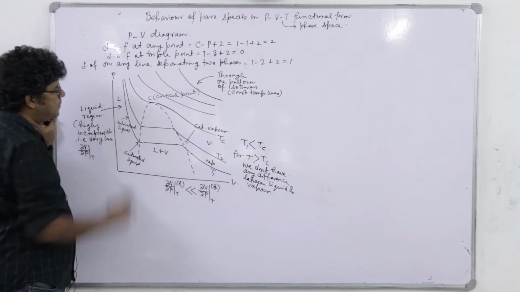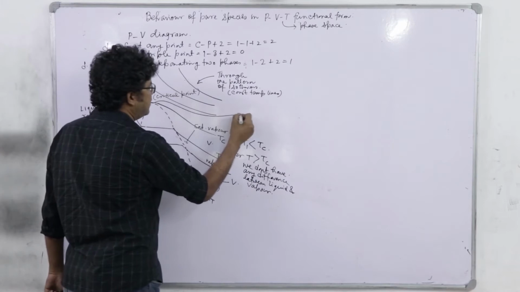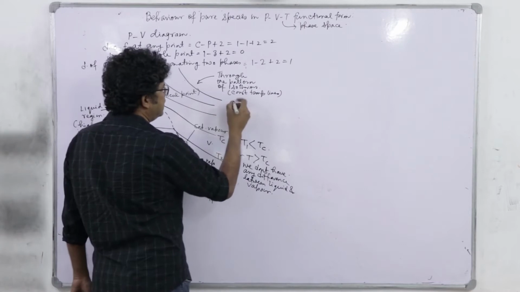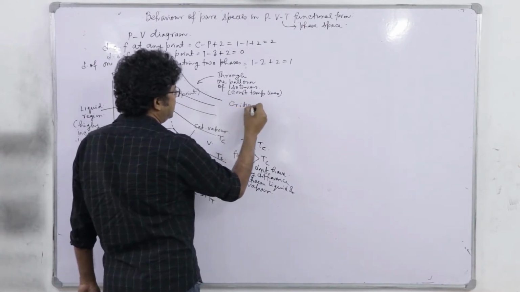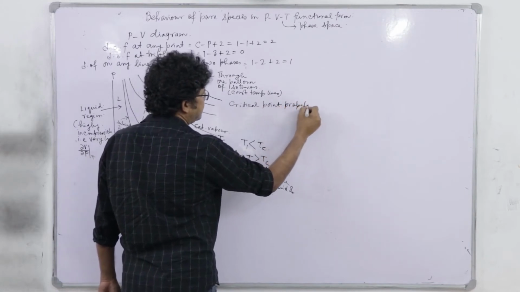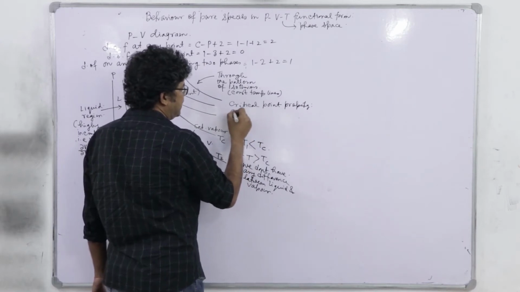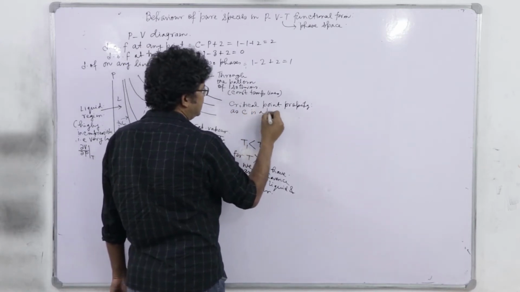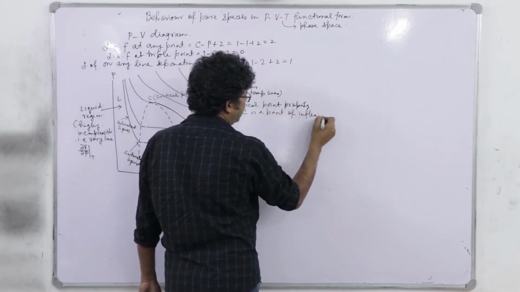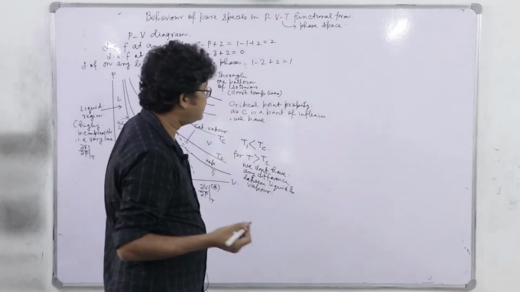So, here you see how to identify the critical point if I am given a relation of this. Okay. So, critical point property. What will it be? It will be simply, as C is a point of inflection, we have first and second derivative must vanish.